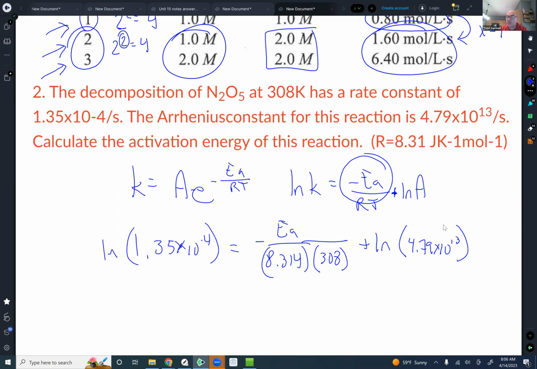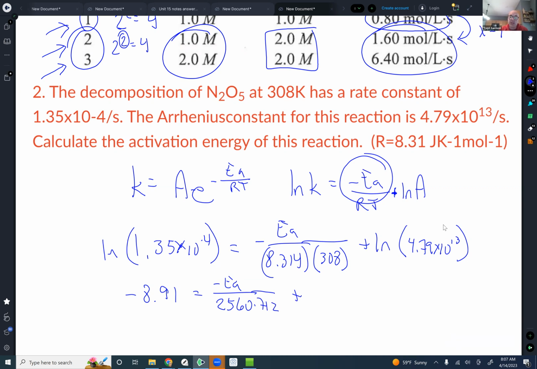Natural log of 1.35 times 10 to the negative 4 is negative 8.91, which equals negative EA over 8.314 times 308, which is 2,560.712, plus now the natural log, again, a weird button.